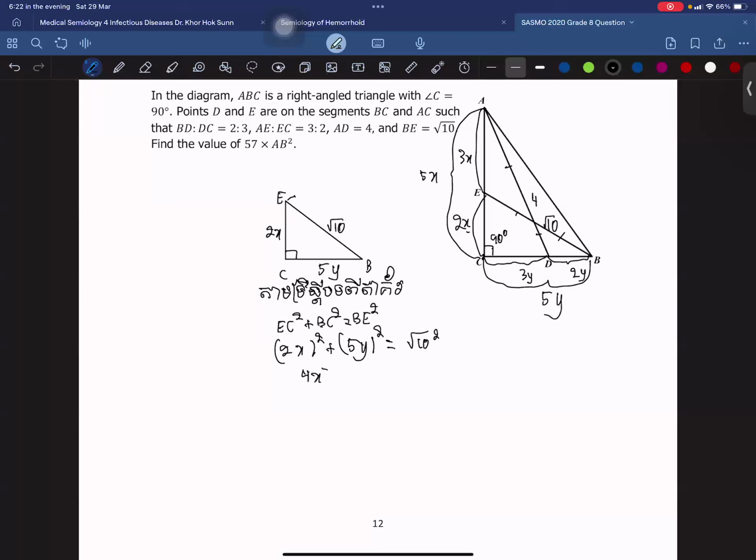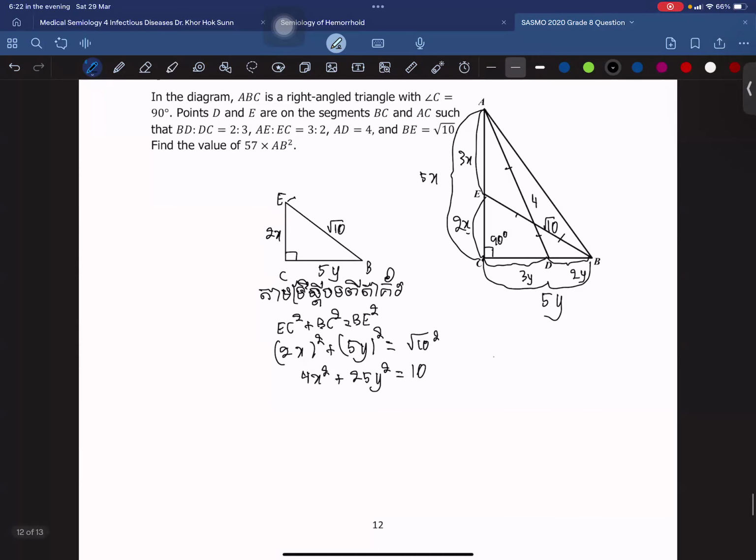We're going to have 4x squared plus 25y squared equal to 10. All right, so we can keep it right there. We have it like that. Okay, so it's another one.